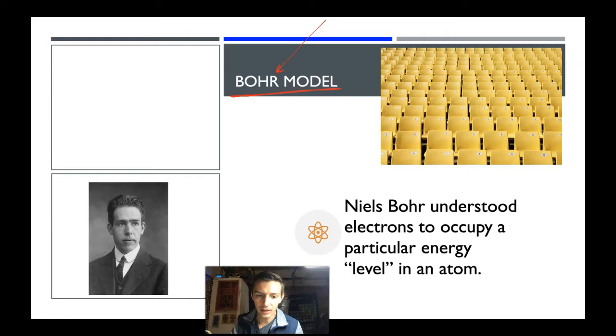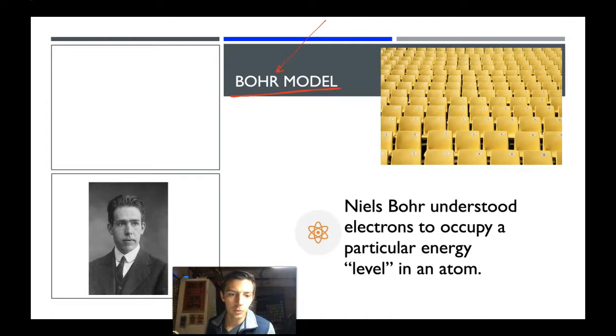According to Niels Bohr, who's this guy here, a contemporary of Ernest Rutherford, they worked together to come up with many important aspects of atomic theory and how the atom was constructed. He understood electrons to occupy a particular energy level in an atom.